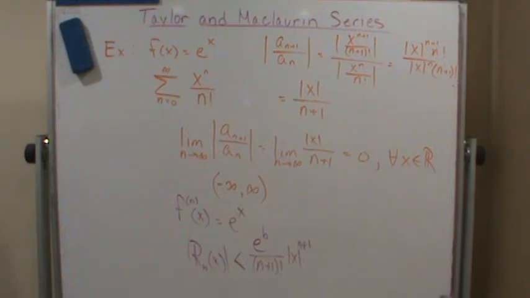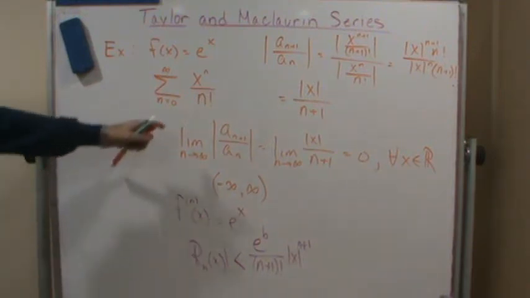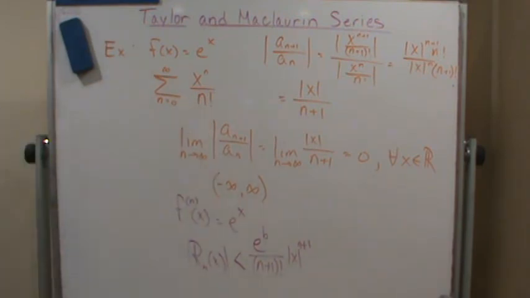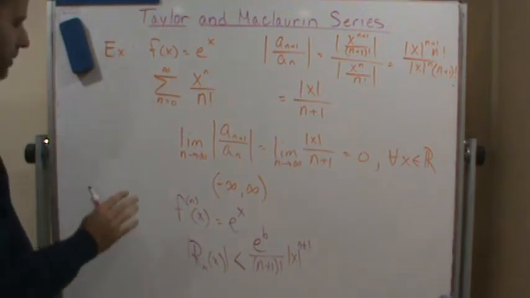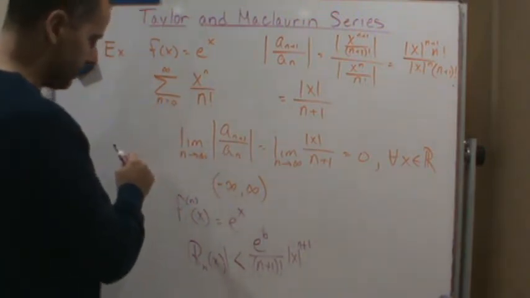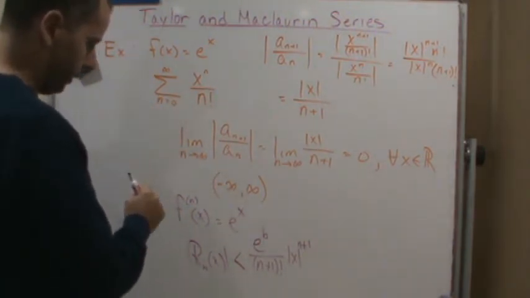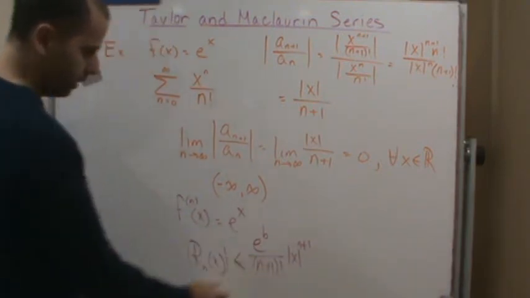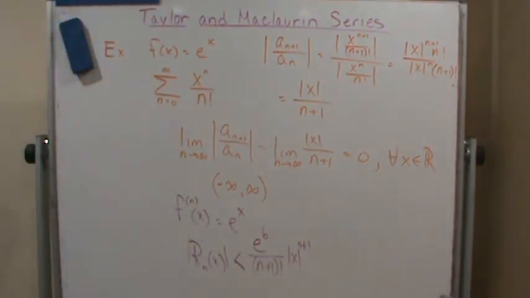Okay, so now, since we showed that this Maclaurin series converges for all x, by the divergence test, we know that the limit of this has to equal 0.